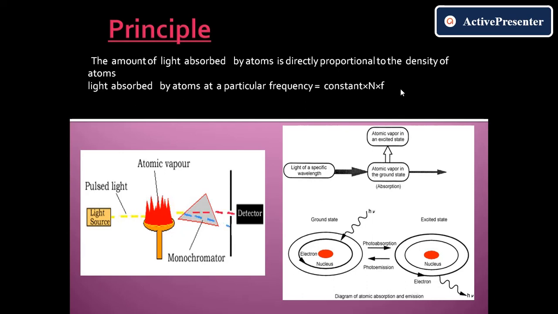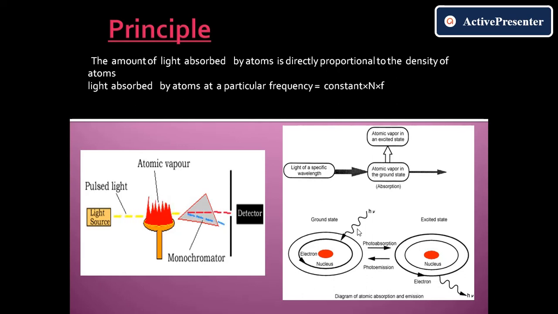But in atomic absorption spectroscopy, the atomic vapor in the ground state absorbs the radiation, and the radiations emitted by the unexcited atoms are taken as the reference, converted into a spectrum, and then sent to the detector. So there are two mechanisms, and this principle is common for both atomic absorption spectroscopy and flame emission spectroscopy.